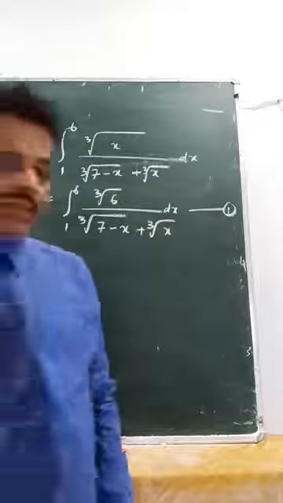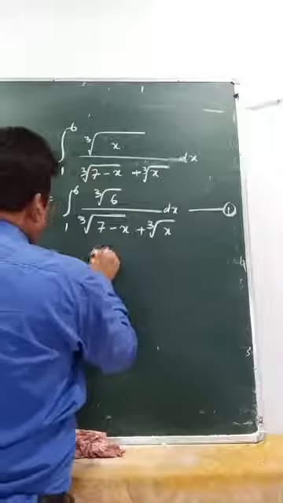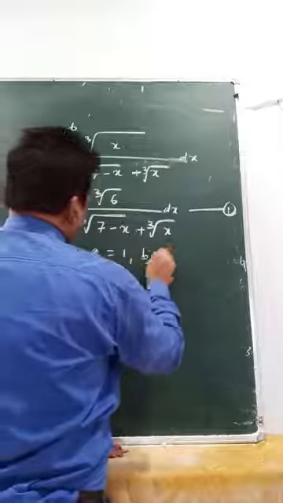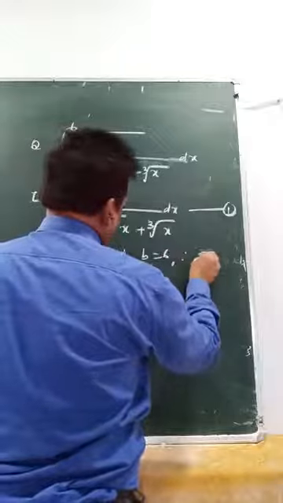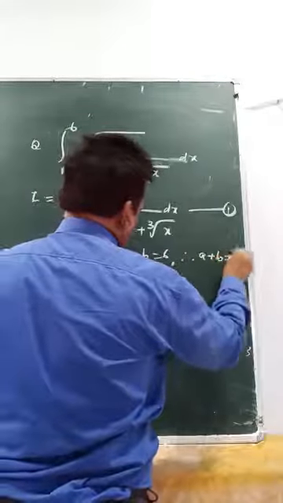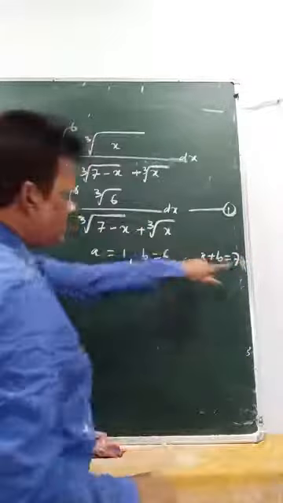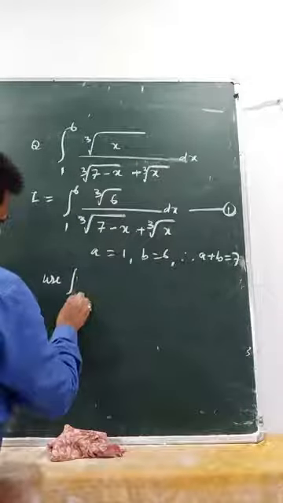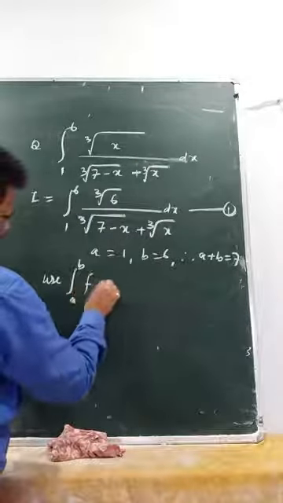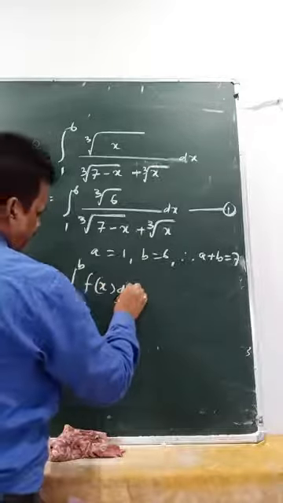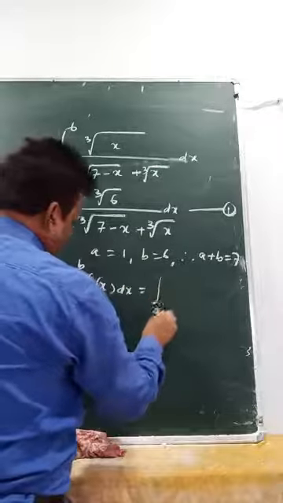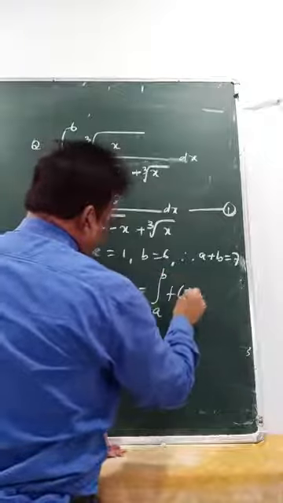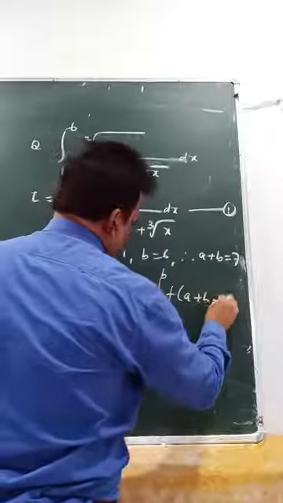Then check here, what is a? A is 1, b is 6, a plus b equals 7. Getting 7? So use integral from a to b of f(x) dx equals integral from a to b of f(a + b - x) dx.